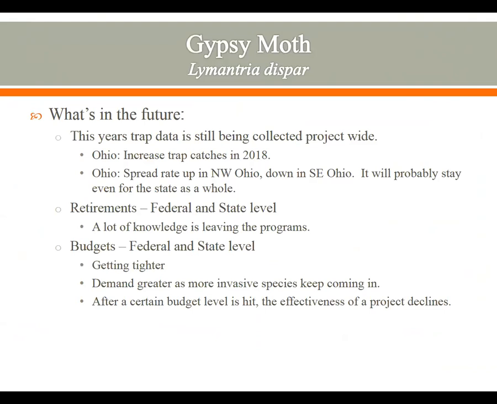So we are definitely seeing an upward trend in the moths here in Ohio. The spread rate is showing a little increase in Northwest Ohio in Region 7, and it's showing a decrease here in Southeast Ohio. So for Ohio, I think it's going to even out as roughly zero advancement for this year, with the Northwest having a slight increase and the Southeast having a slight decrease.